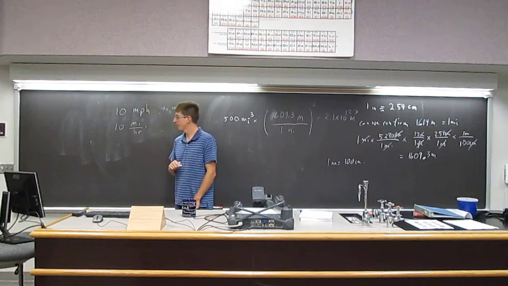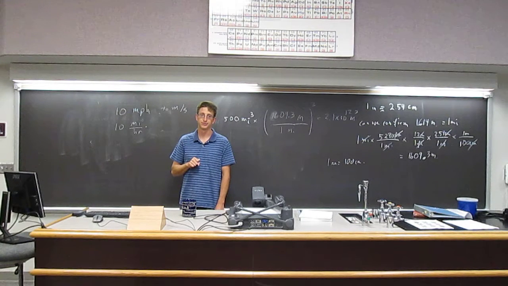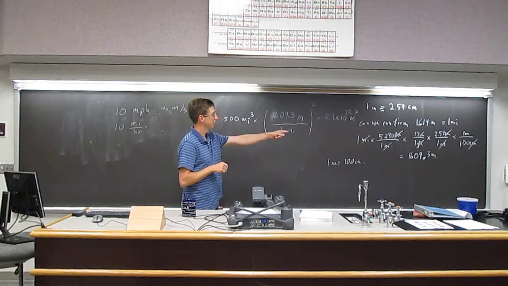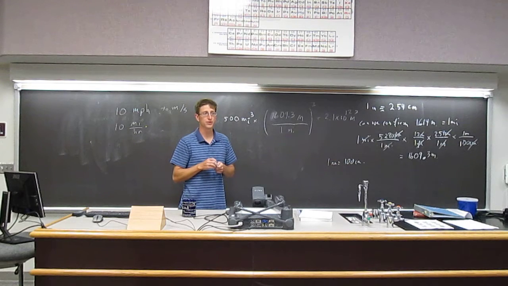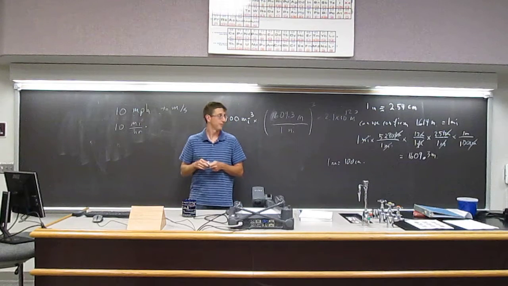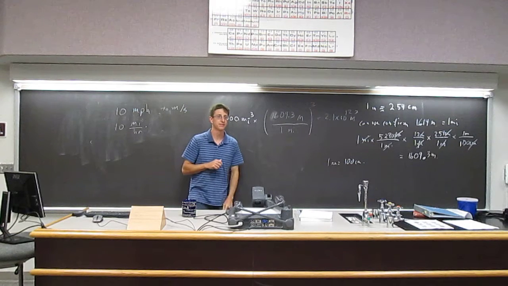So first of all, how would I do this? You could do 1609. You could do that if you wanted to go from miles to meters immediately. Or if you don't remember that and you only remember the 2.54 centimeters, you can work through there.